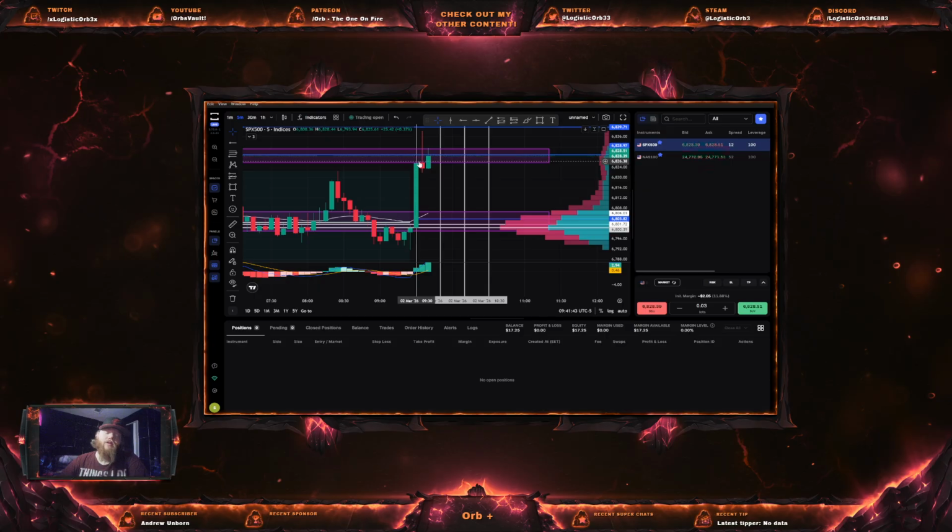I'm trying to see where and if price is going to move down, come back up, mess with this, and then fall. If it decides to do that, then my entry's up here and my stop loss is down here, and it works. At least for when my strategy fails.